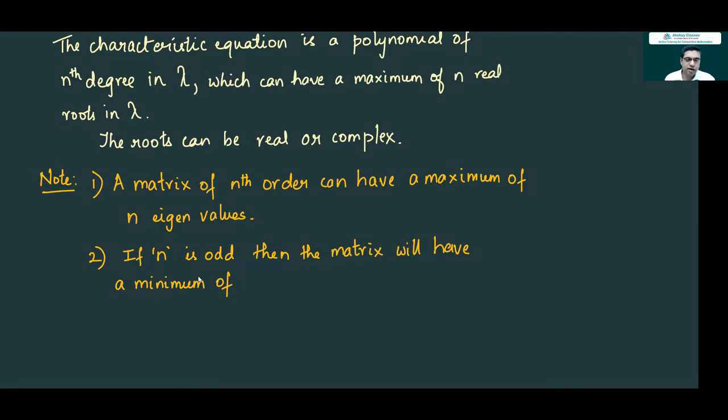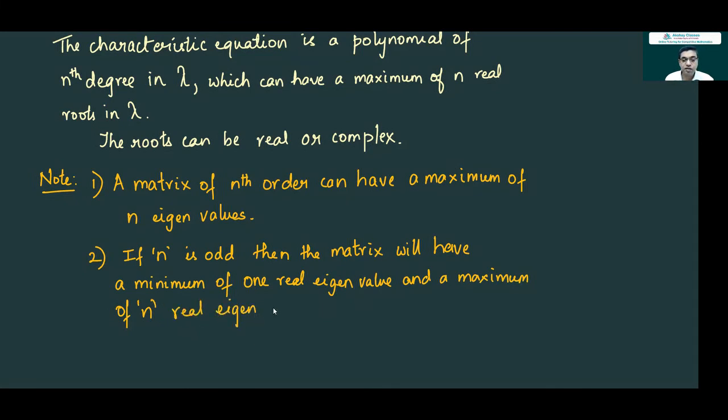If n is odd, then the matrix will have a minimum of one real eigenvalue and a maximum of n real eigenvalues.